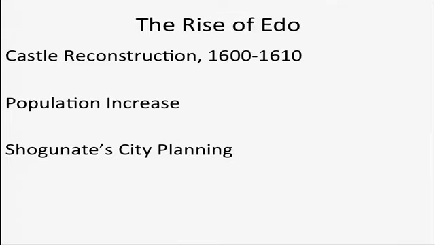And we talked about the capital as a planned city, with different classes living in different places, with motivations and incentives to draw people of the artisan classes, the craftsman class, into these given neighborhoods. We discussed also the upper and lower city and that division: the Yamanote, the upper city, and Shitamachi, the lower city. So that was last class. If you weren't here or if you forgot, there's a reminder.